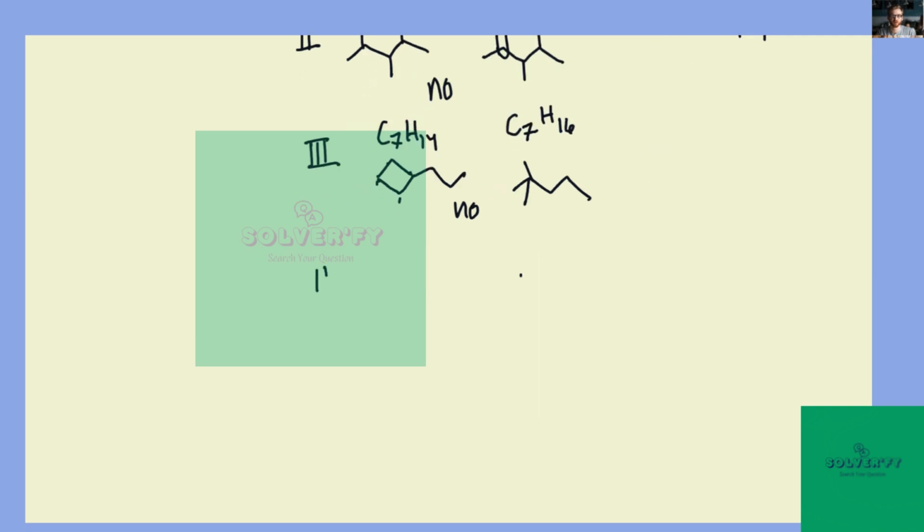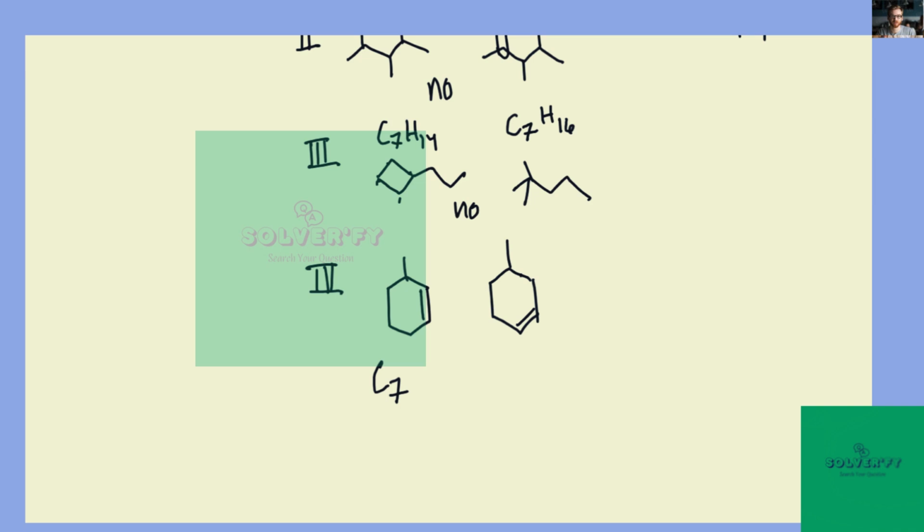One last pair of molecules. A 6-membered ring with a double bond and a methyl group sticking off. And again, a 6-membered ring with a double bond and a methyl sticking off. All we've done really is move this double bond. But if we wanted to check via formula, we know there are 7 carbons, so it's C7.